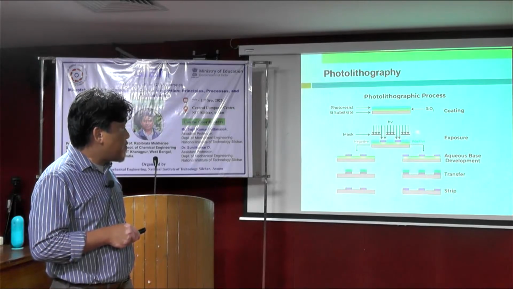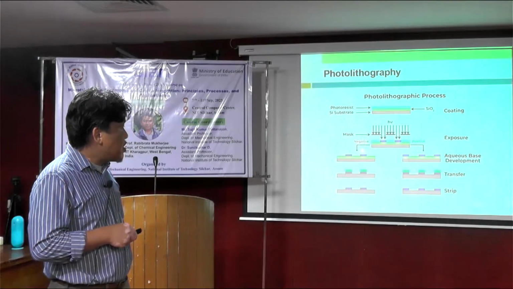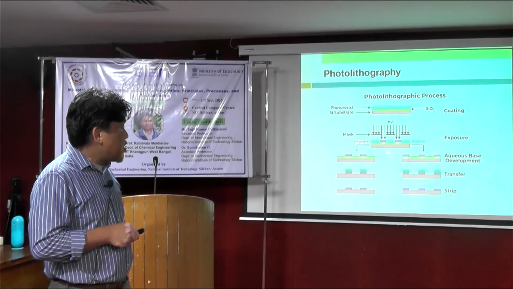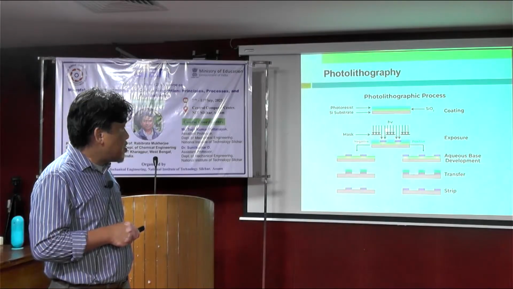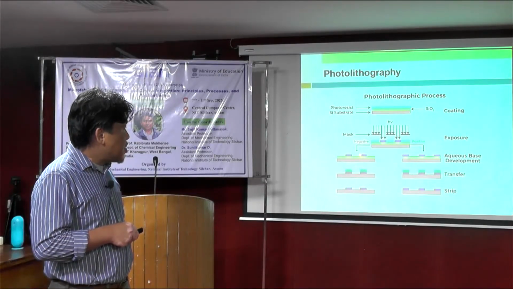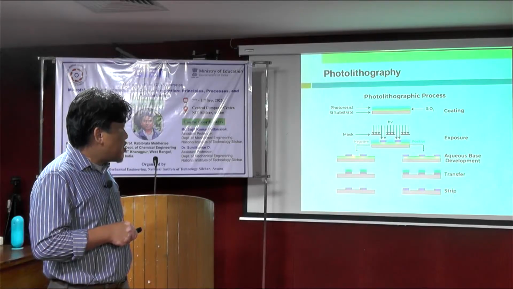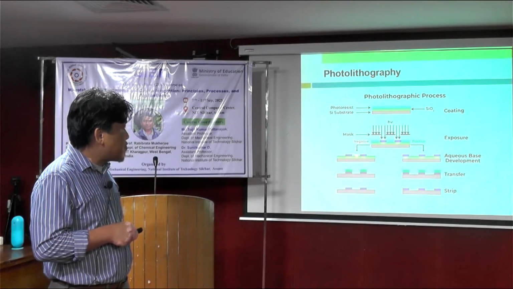In general, we have two types: one is positive photoresist, one is negative. You can see that with the same mask, this is the mask here, then you expose to UV. Then if it's negative, this will remain. The pattern where it's exposed to the light will be hardened and remain on the substrate.